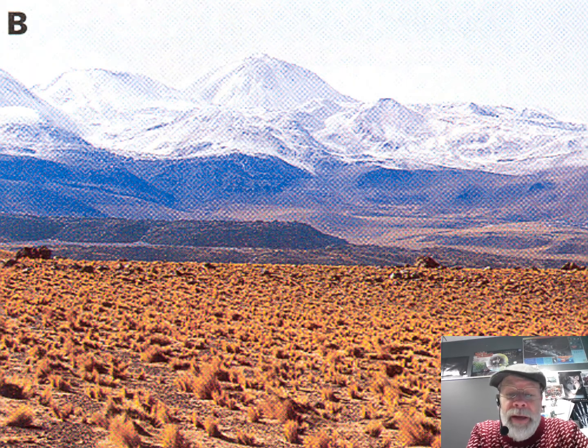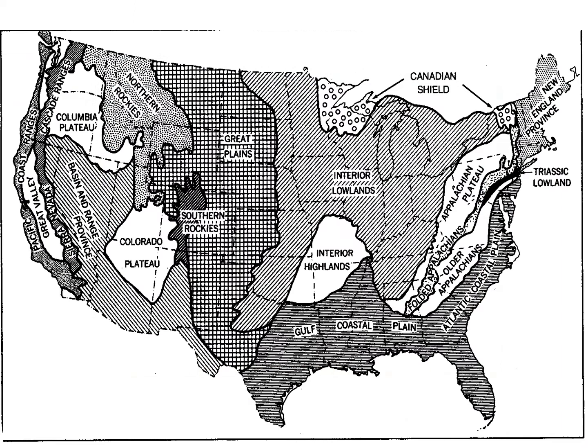What do we have here? Well, in the foreground, we have a plain, and in the background, a mountain. Excellent. So here is a map of the United States with all its major landscape regions. And if we look on the coast, we have a lot of mountains inland from the coast.